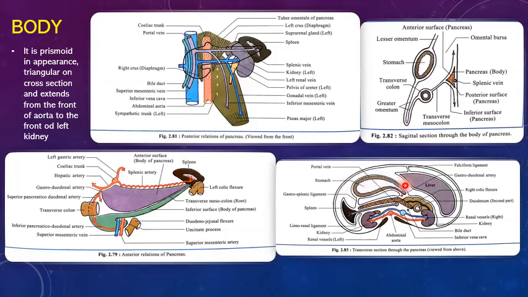So in between the stomach and the pancreas, this area is the lesser sac, also called omental bursa. Okay, the lesser sac is also called omental bursa. So this is separating the stomach and the pancreas. So that is about the anterior surface.